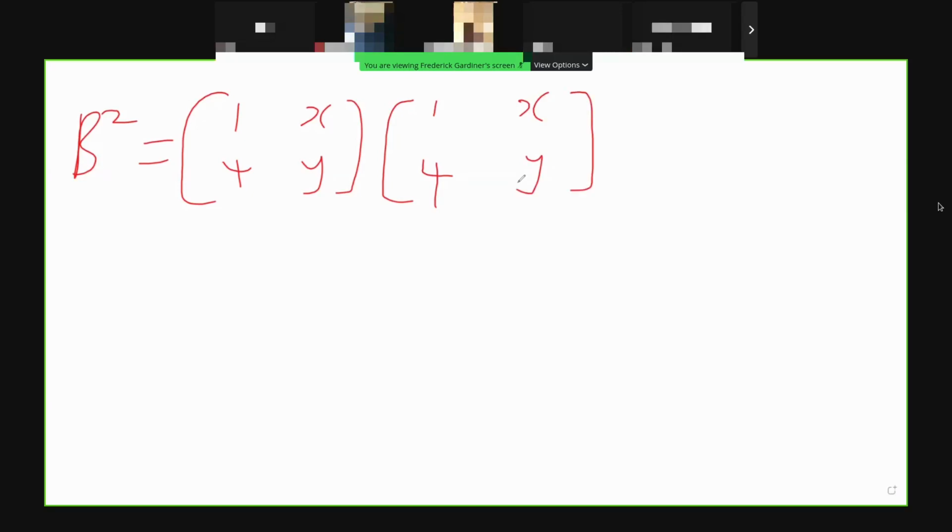So what would this be? Our first row takes on all the columns. So 1 multiplies 1, I have 1, plus x multiplying 4. You all agree that would be 4x. So what will be the second element in the first row?